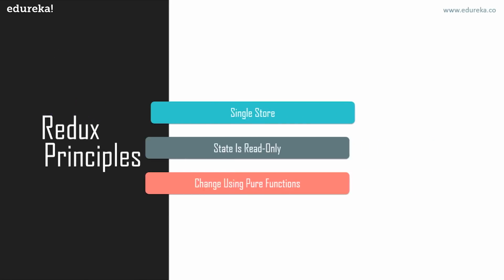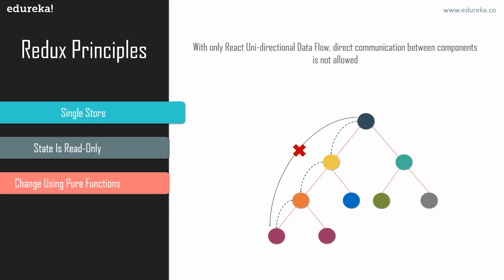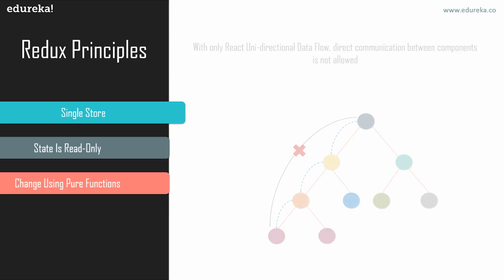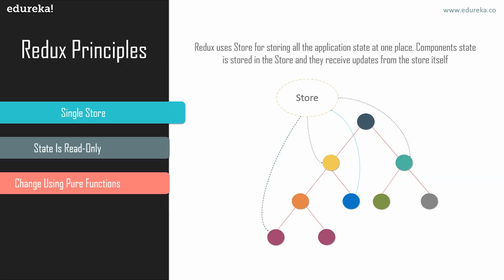Let's talk about the first one, single store. With React's unidirectional data flow, we know that the data flows in one direction only in React.js. So direct communication between the components is not allowed. What happens generally is that Redux uses a concept called a store for storing the application state in one place.